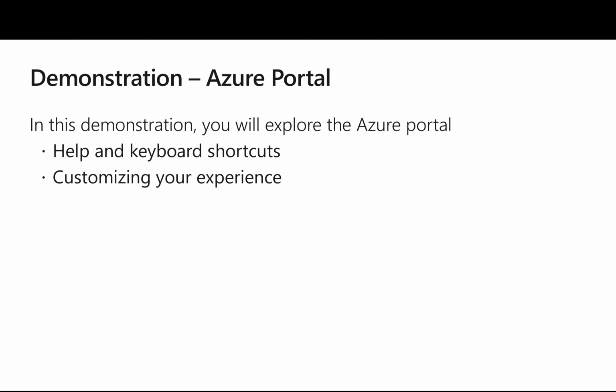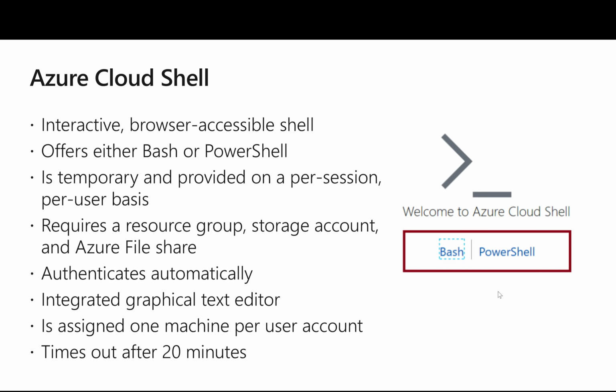So if we come back to the slides, the next option is what we call Azure Cloud Shell. Azure Cloud Shell is an interactive browser-based shell. We have both options of Bash and PowerShell.